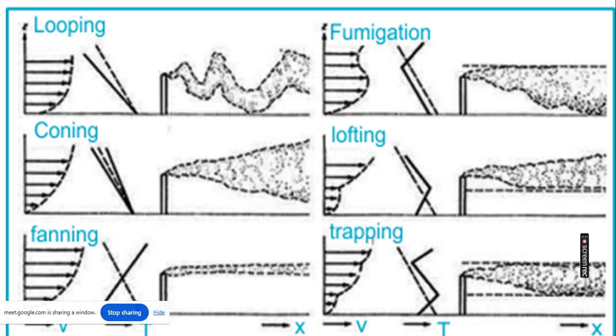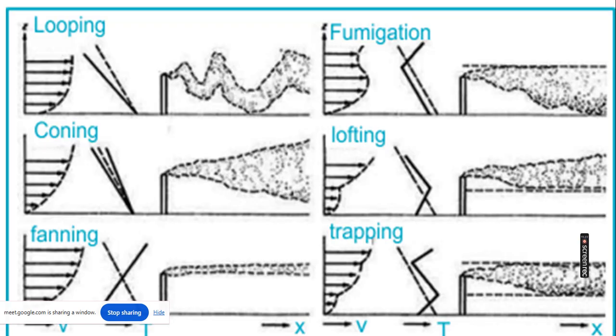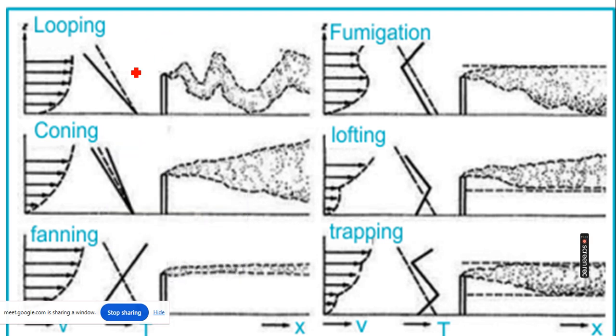There are basically six different plume behaviors based on the stability conditions of the atmosphere. The first one is looping. Here the dashed line represents the adiabatic lapse rate and the solid line represents the environmental lapse rate.